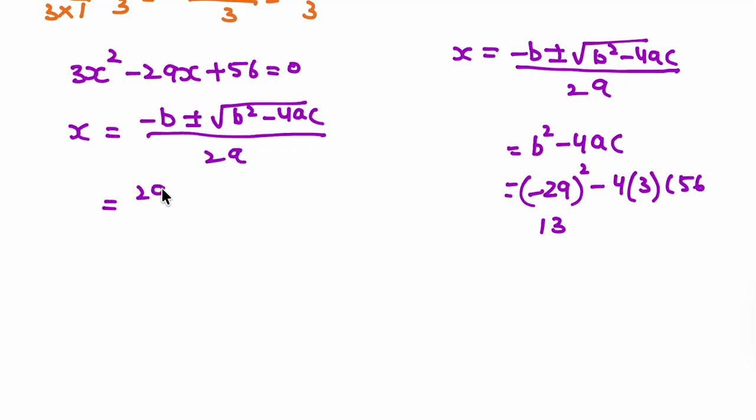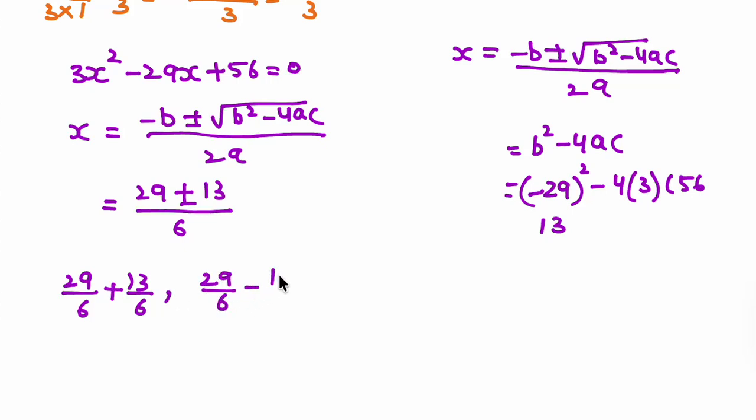Negative b is 29, plus or minus 13, and over 2a, a is 3, so 2 times 3 is 6. So the two roots are 29 by 6 plus 13 by 6, this is the first root, and 29 by 6 minus 13 by 6, this is the second root.